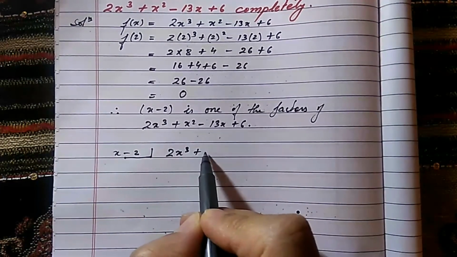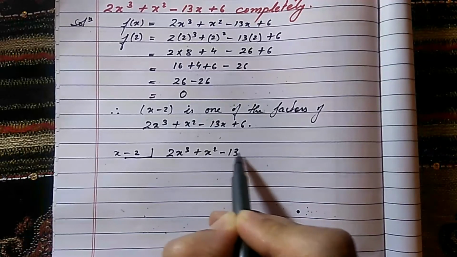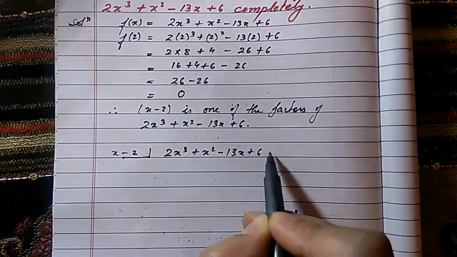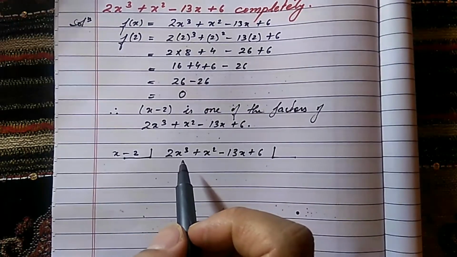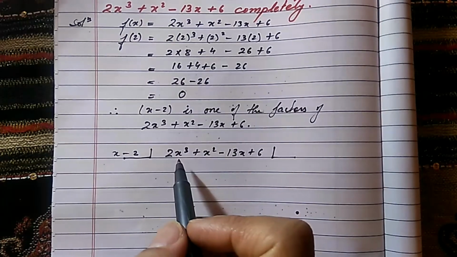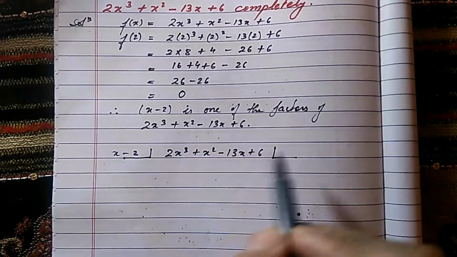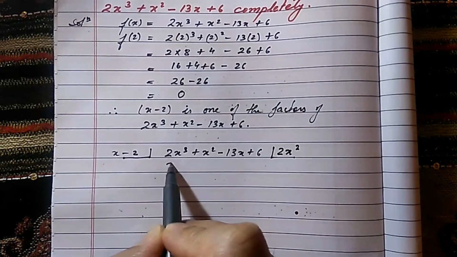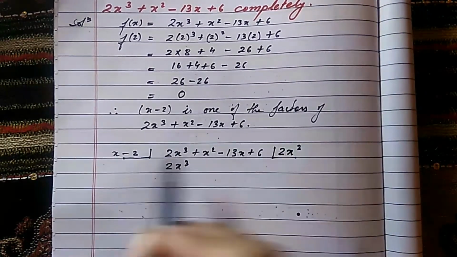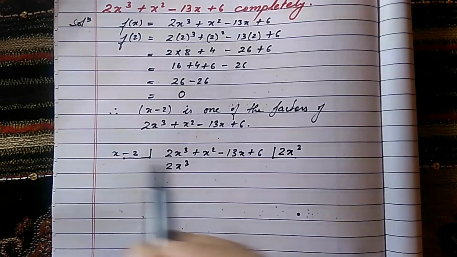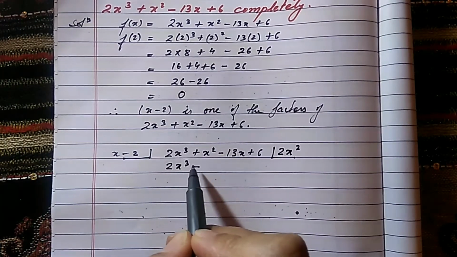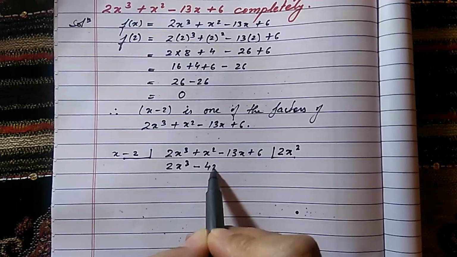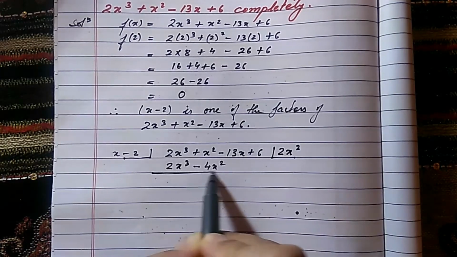2x cubed plus x square minus 13x plus 6. So our target first is to get 2x cubed. I already have x here. If I write 2x square, then I'll get 2x cubed. But that needs to be multiplied by minus 2 again. So plus into minus is minus, 2 into 2 is 4x square.